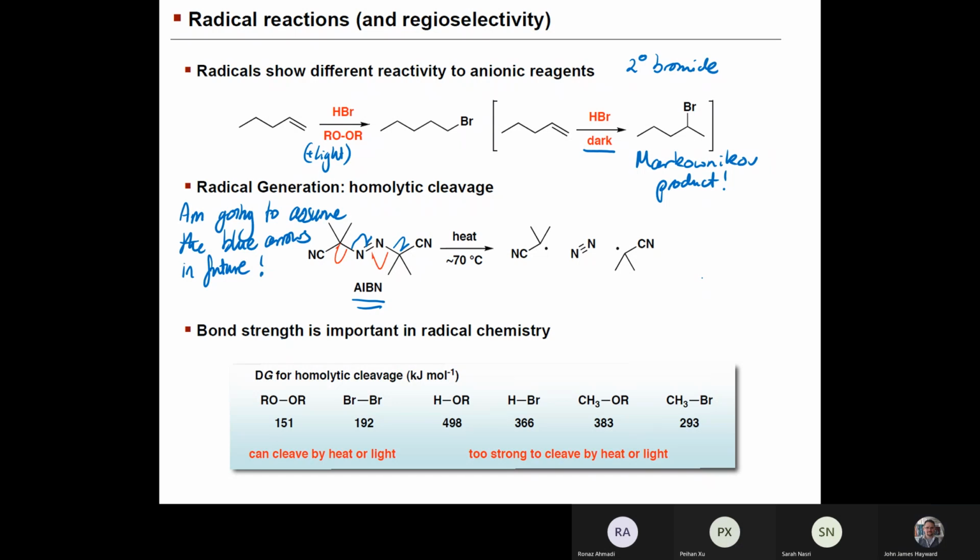Okay, now when we're thinking about radical processes, pretty much all of their selectivity and their reactivity is explained by bond strength. It's not everything, but it is one of the most important characteristics we need to consider when we're dealing with a reaction. Weak bonds break easily, strong bonds don't. That's a pretty obvious thing to say.